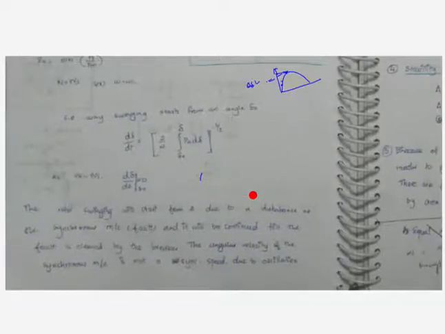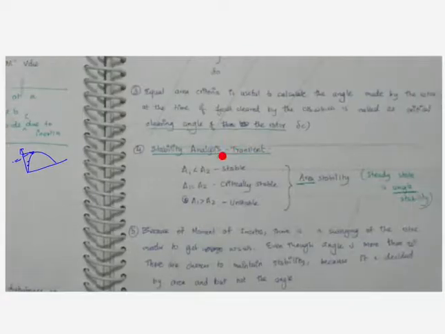So basically, when the oscillation happens, the angular velocity of the synchronous machine will not be synchronous speed, right? But the area covered below and above synchronous speed will be the same.